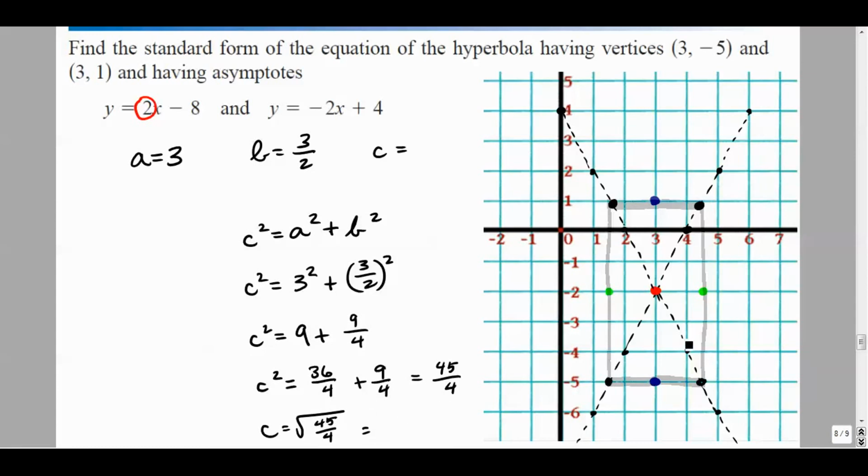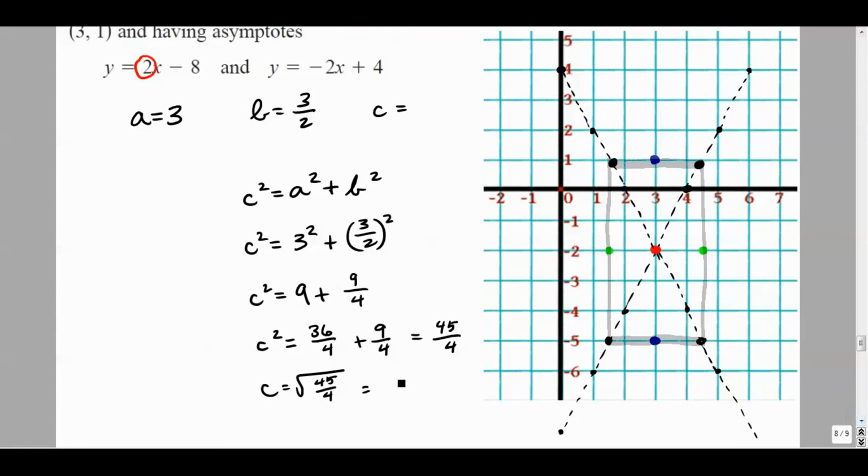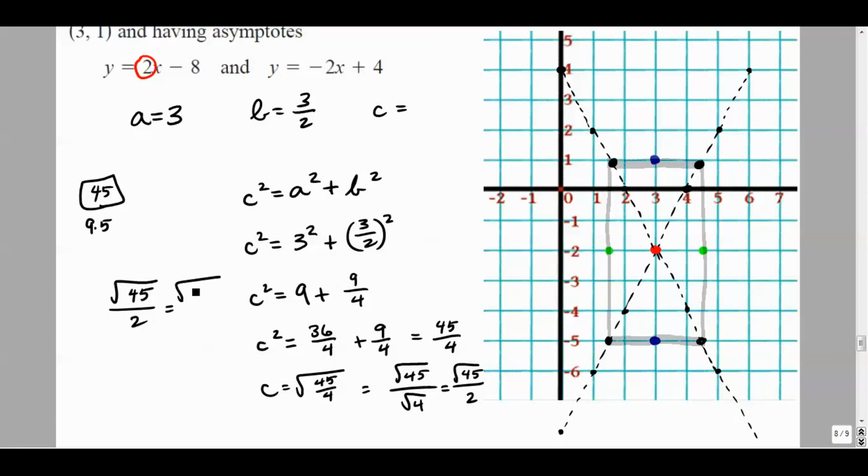And if we break those roots up, you can see that it's the square root of 45 over the square root of 4, which is the square root of 45 over 2. But the square root of 45 is not simplified all the way. That's 9 times 5. So you need to break the square root of 45 up into radical 9 times radical 5.